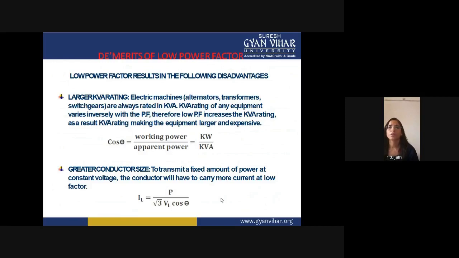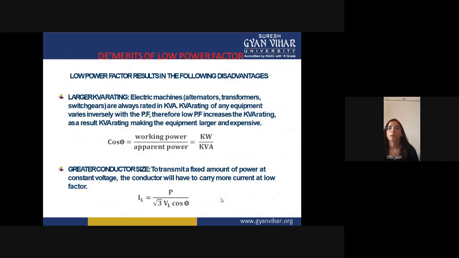Electrical machines are always rated in kVA, and the kVA rating of any equipment varies inversely with the power factor. If your power factor is low, then the kVA rating of the equipment will be high. Therefore, low power factor increases the kVA rating, making the equipment larger and expensive.